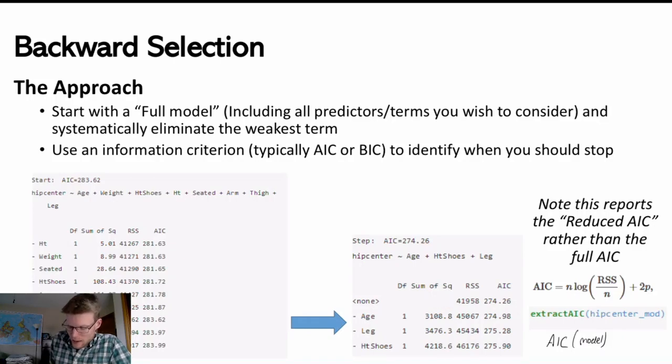Whereas just the AIC of model function is going to find that full value with the constant term added. The constant term is there because it has some nice mathematical properties for making these kinds of calculations. But in terms of true model comparison, we might as well just use the reduced AIC because that's the only part that's actually changing from model to model.